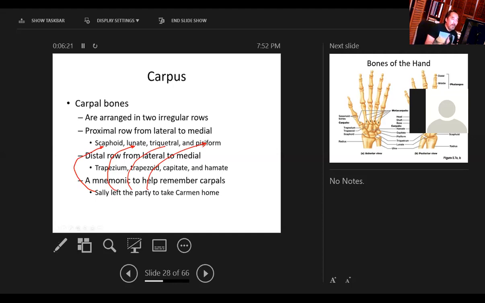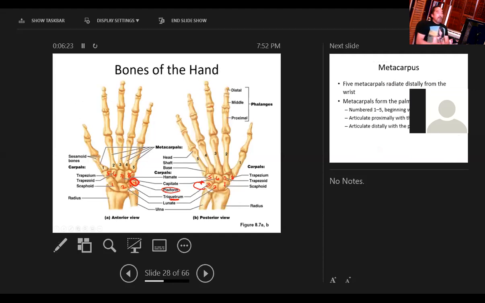Let's take a look again. Thumb side first. Number 1, Sally, scaphoid. Number 2, left, lunate. Number 3, the, triquetrum. Number 4, party, pisiform. That is your pisiform. Take a look at number 3 and 4.